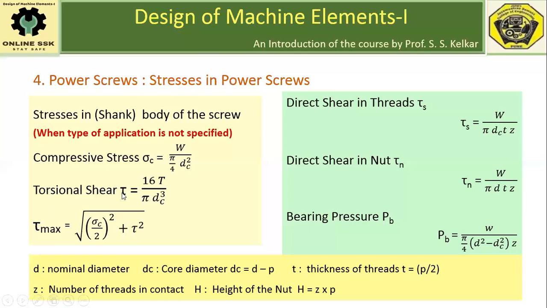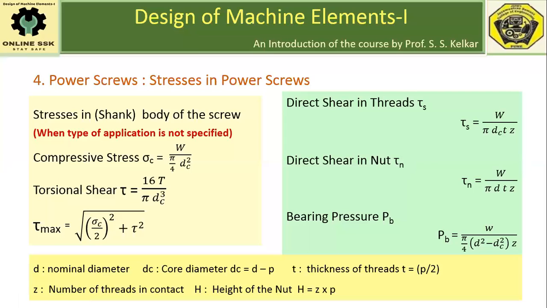Whenever two different types of stresses are developed inside the body of a machine part, it is called a case of complex loading. So the body of the screw is a case of complex loading, and while designing it, we have to employ a suitable theory of failure for such machine parts subjected to complex loading.